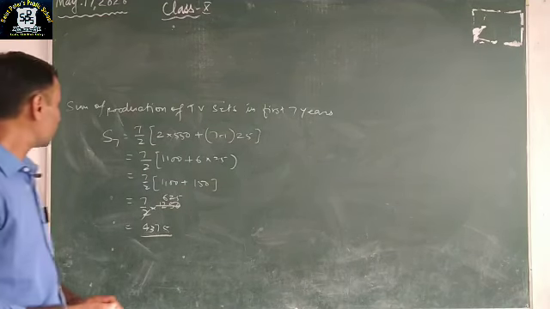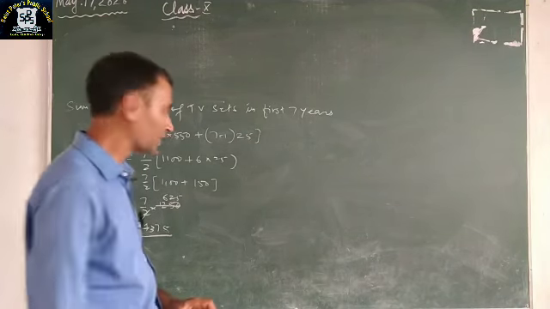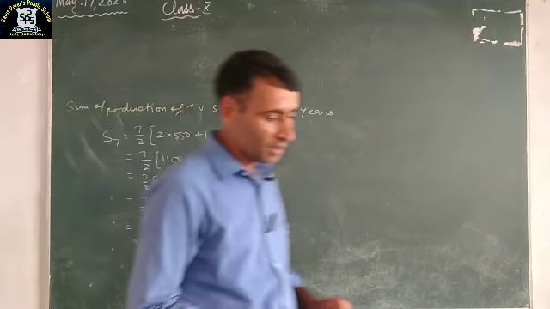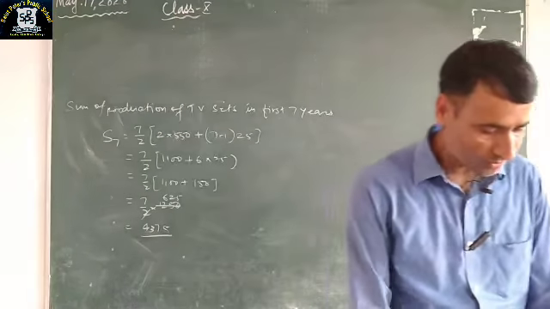So the company produced 4,375 TV sets in all 7 years.